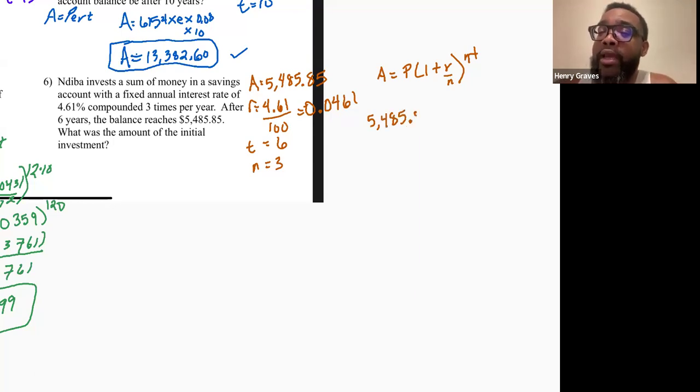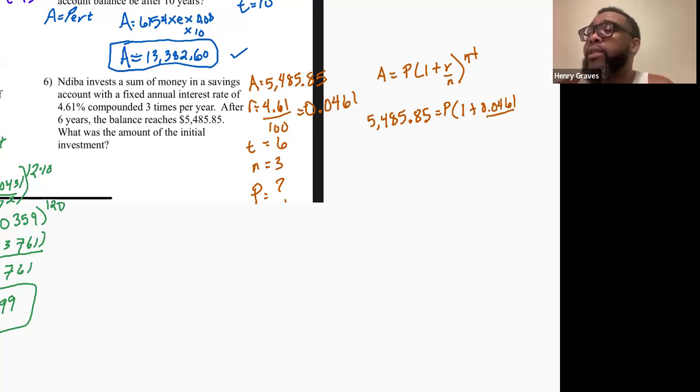Remember, I don't know what the initial investment amount is. That'll be 1 plus the rate, which is 0.0461, divided by the N, which is 3, and that'll be 3 times 6.